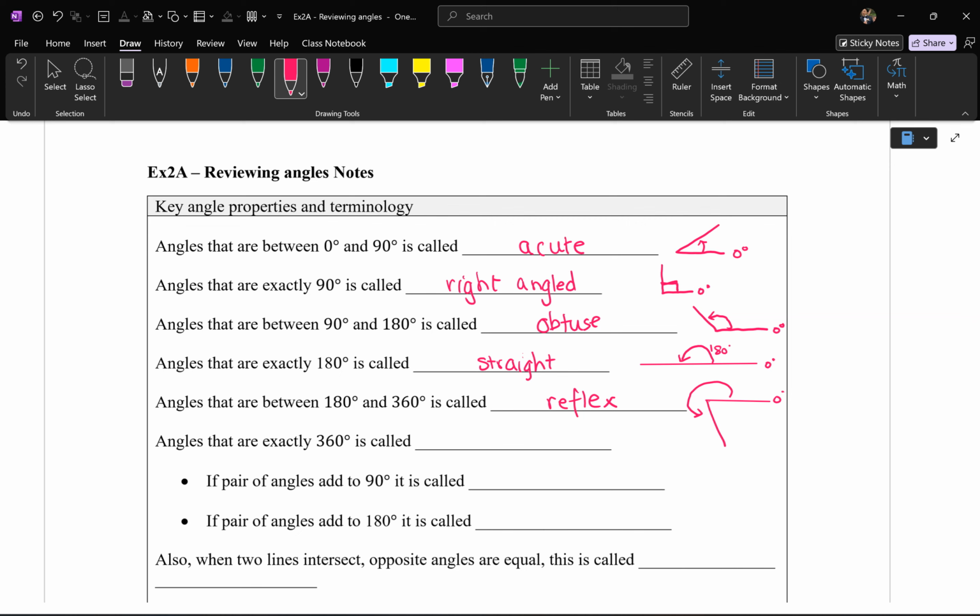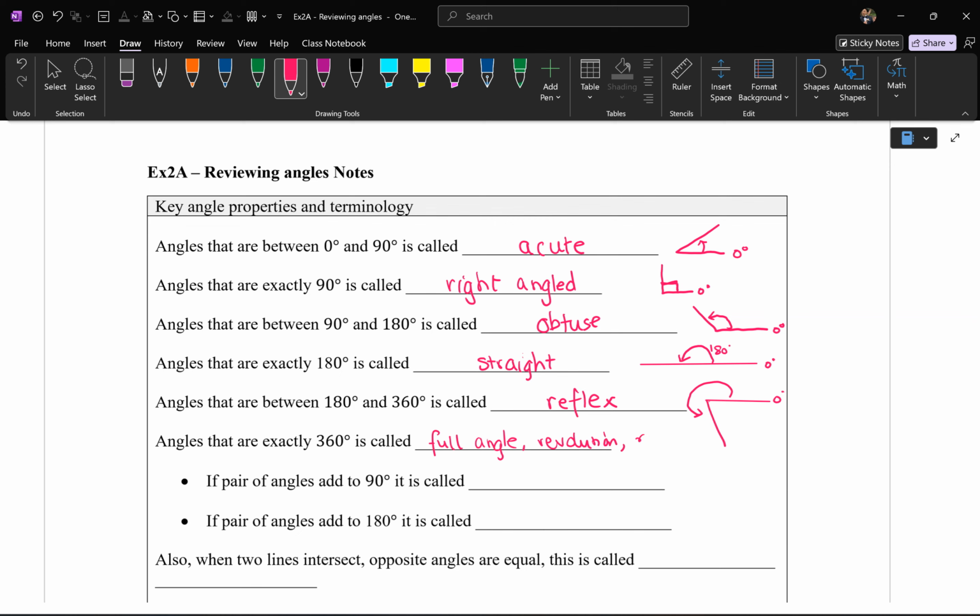And then finally, your last property, if it's exactly 360 degrees, it is called what, Charlie? Full angle, or starting with R, rotation or revolution. Okay, so I'm going to write it all down. Full angle, revolution, or what did you say again?